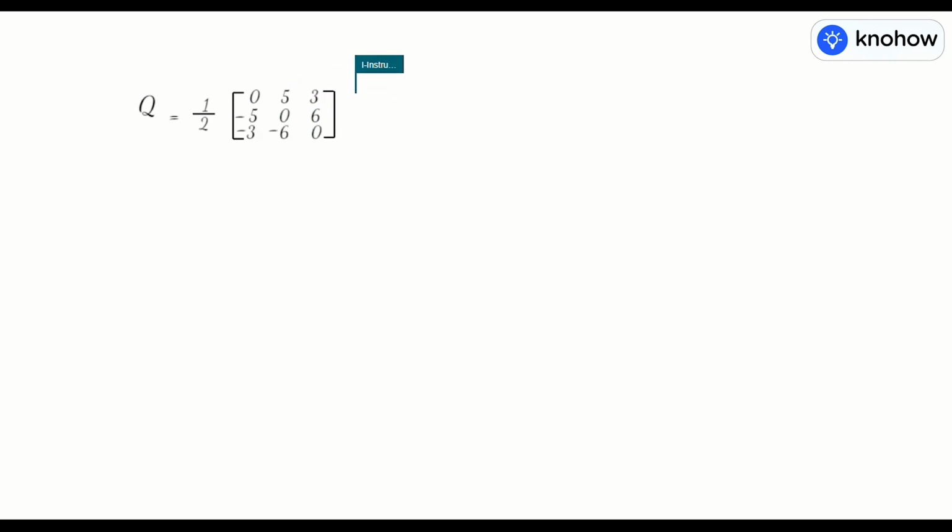Multiply each element by half, so you get Q equal to 0, 5 by 2, 3 by 2, minus 5 by 2, 0, 3, minus 3 by 2, minus 3, and 0.